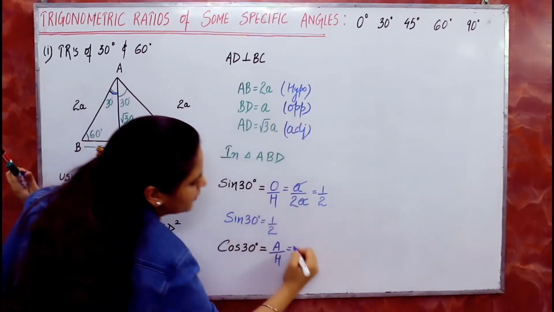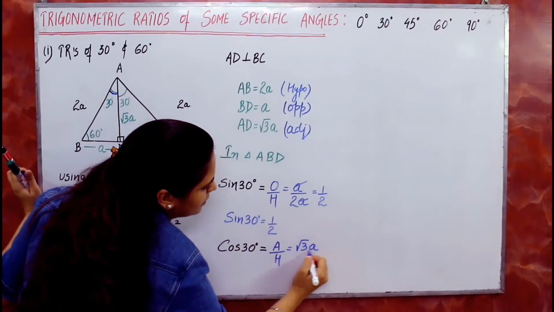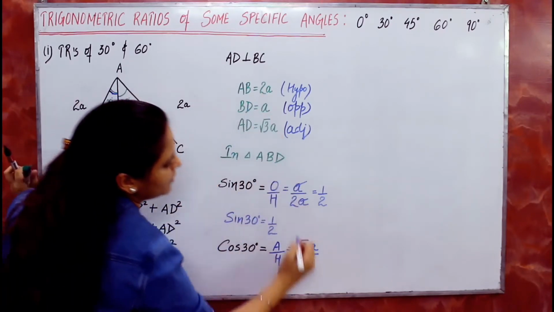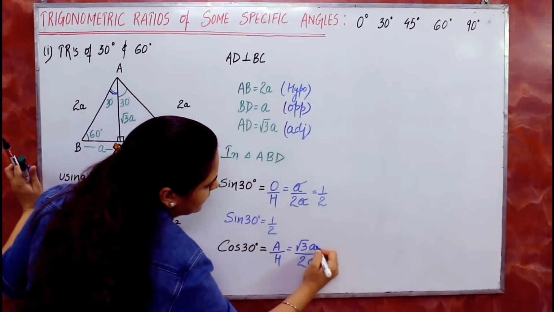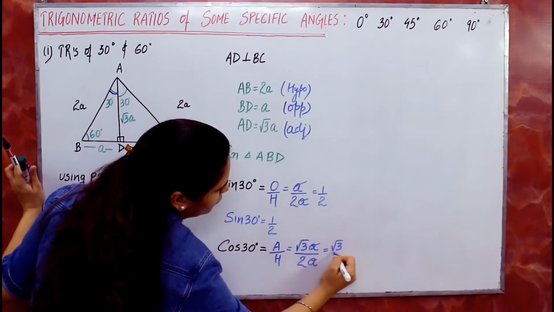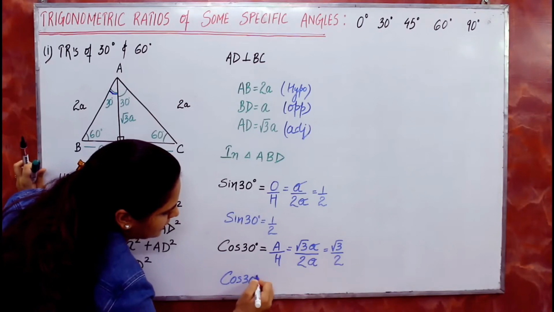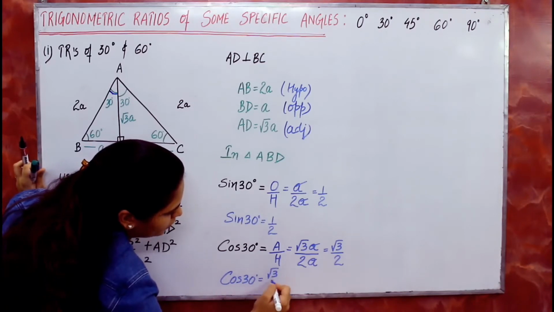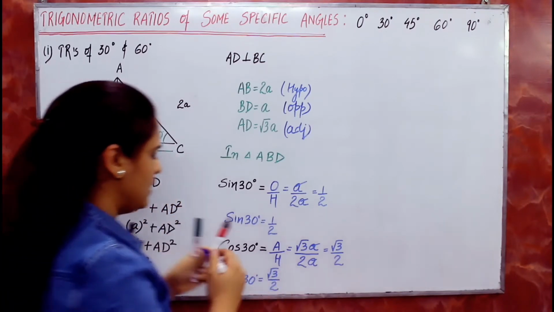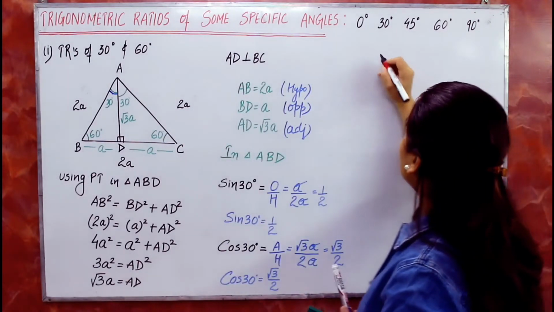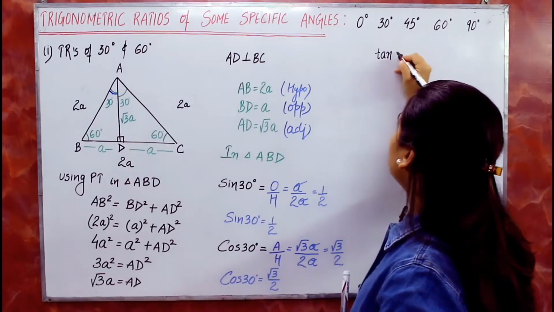Adjacent side is root 3 a and hypotenuse is 2a. By cancelling, you get root 3 upon 2. That means cos 30 degree is equal to root 3 by 2. In the same manner, we can find tan 30 degree.